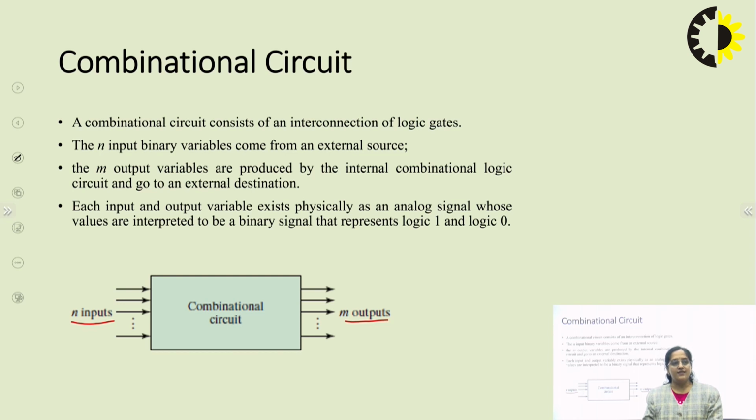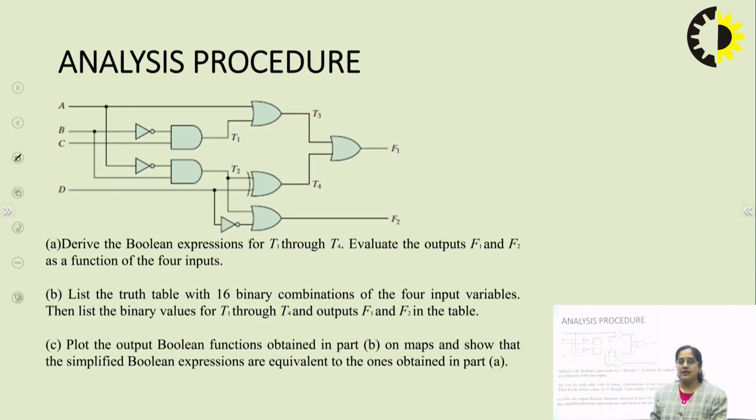So, if a circuit is given to us, this combinational circuit, where F1 and F2 are the two outputs, and there are four inputs A, B, C, D. We analyze this circuit by knowing how F1 and F2 are connected with A, B, C, D. First, we have to derive the expression for T1 till T4.